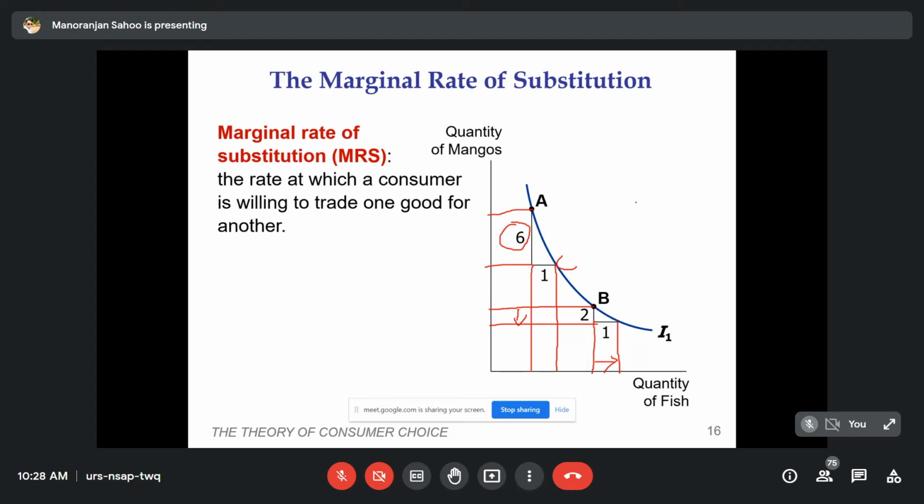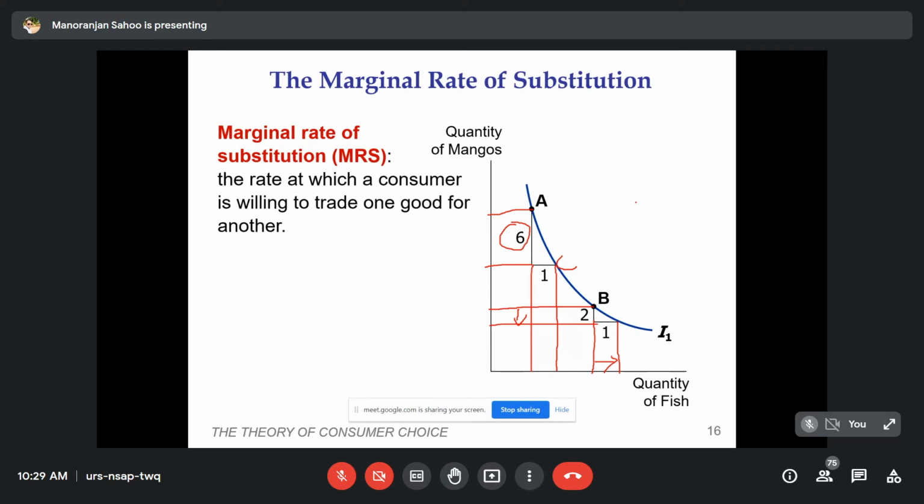But when he has less stock of commodity Y, he will not be interested in sacrificing the same amount, like 6. Now he will think of sacrificing fewer units of commodity Y so that his level of happiness stays equal. So this is called diminishing marginal rate of substitution.